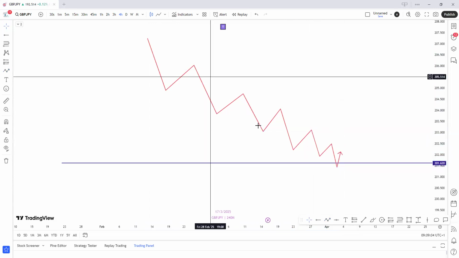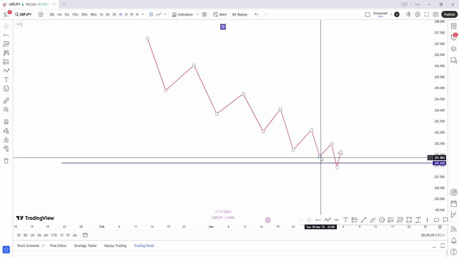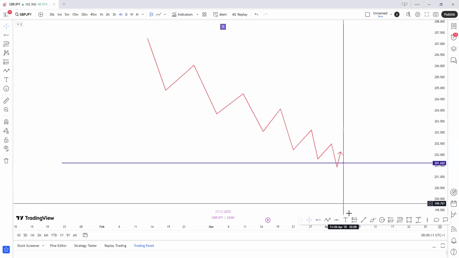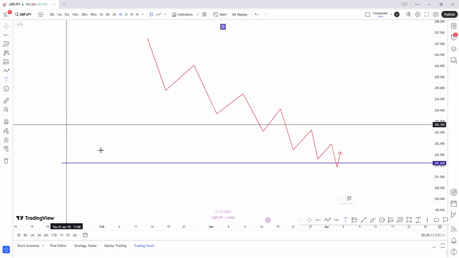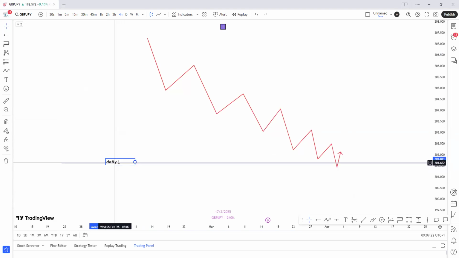And then on the 4 hour time frame, this should basically be the structure that I'm looking at. Let's say this is a daily key level, a very important key level.